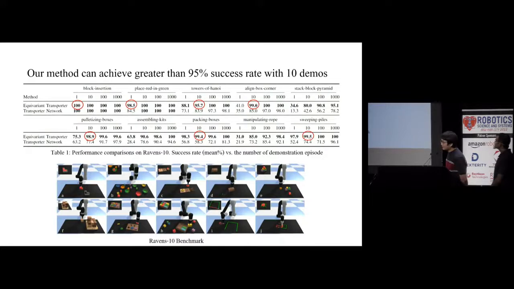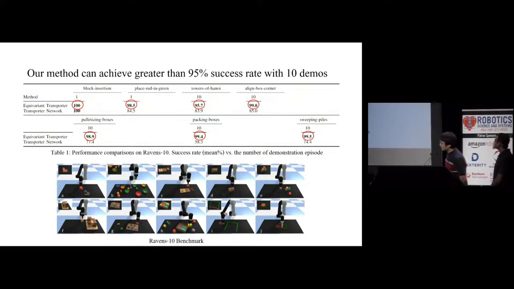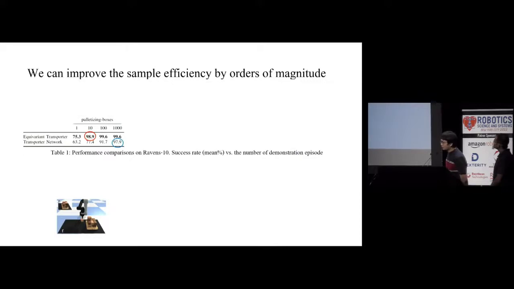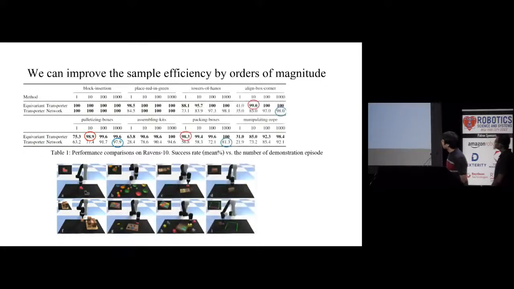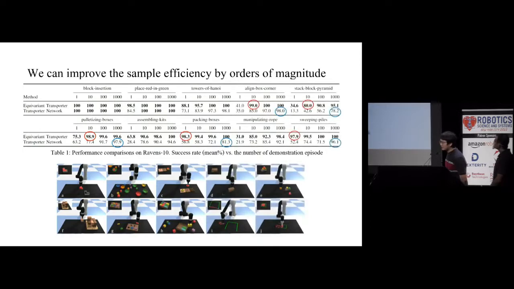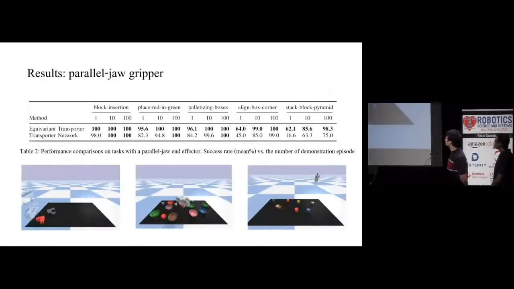Secondly, with less than 10 demonstrations, our model could achieve greater than 95% success rate on 7 tasks. Thirdly, with either 1 or 10 demonstrations, the performance of our model is better than the baseline trained with the standard number of demonstrations on 5 tasks. So it indicates the sample efficiency of our model.